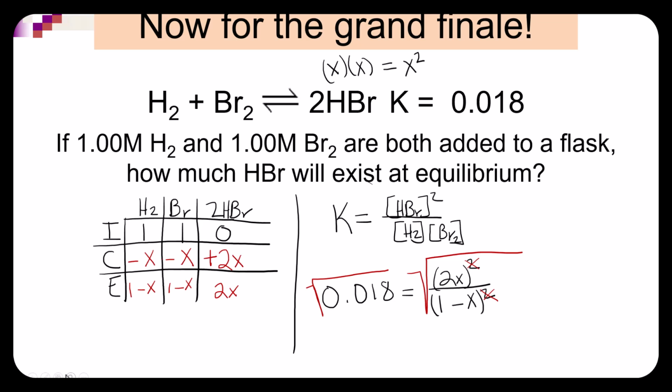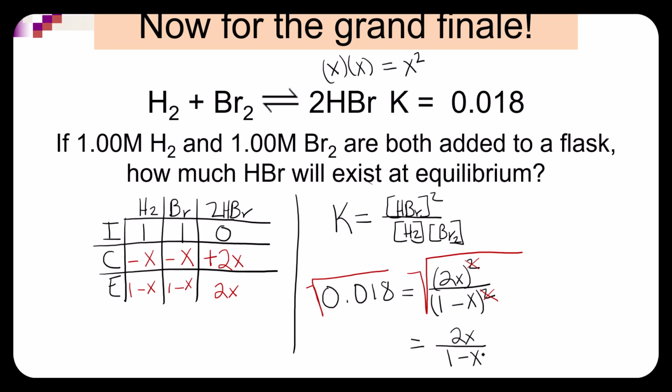So moving forward from this step, what do we have? Over here, I took the square root. That's the inverse of squared. So all that is left on top is 2x, and all that's left on the bottom is 1 minus x. No longer is it quadratic.